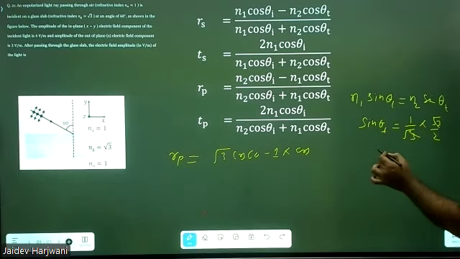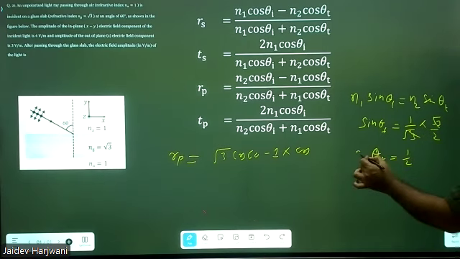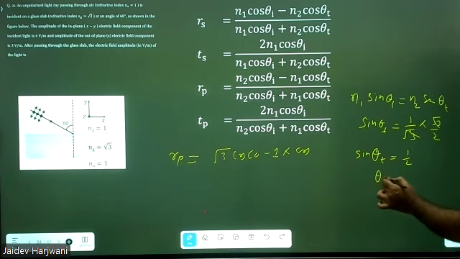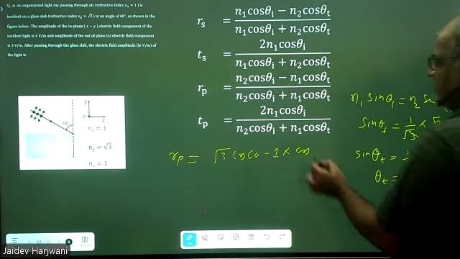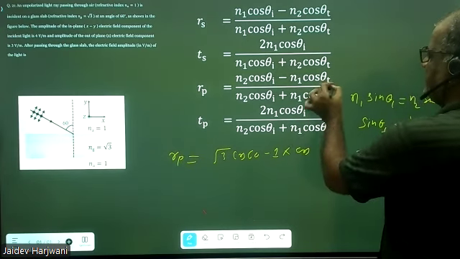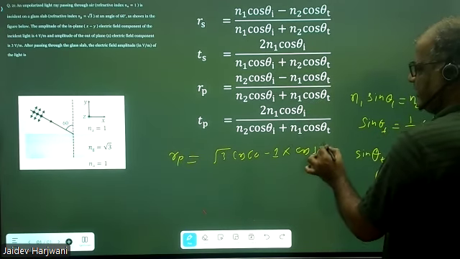So sine theta T is half, so theta T is 30 degrees. So cos theta T is cos 30 degrees.